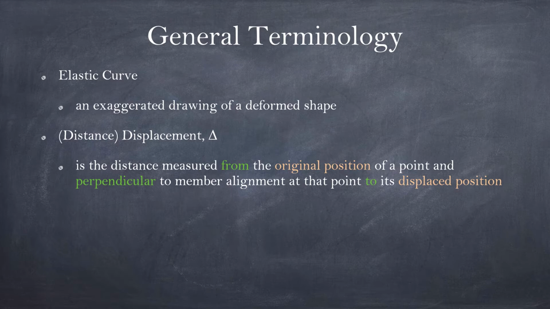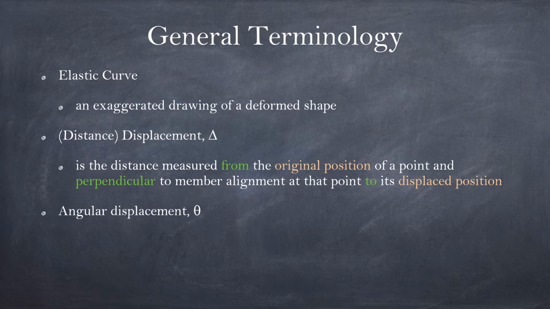The key is that the reference is not a global term. It's not the XY, horizontal and vertical. We measure from the original position, 90 degrees to the alignment of the member at that point. Of course, we will talk about the tangent line later. So basically that is the definition.